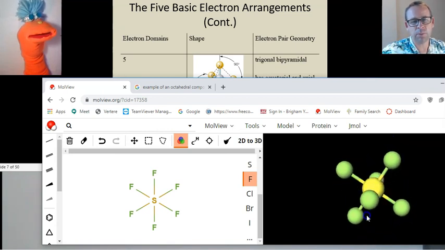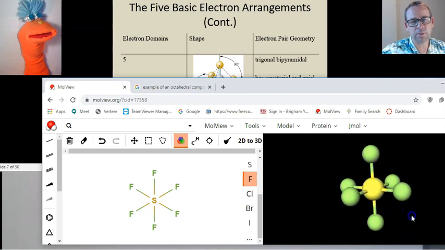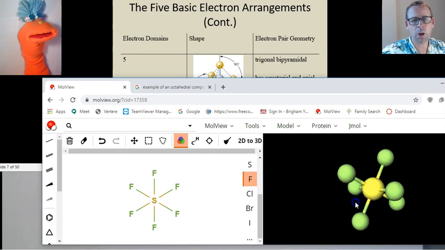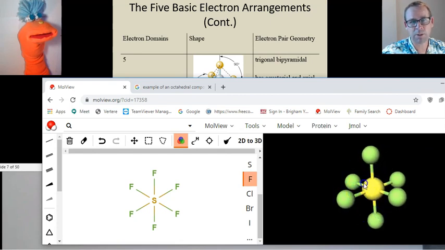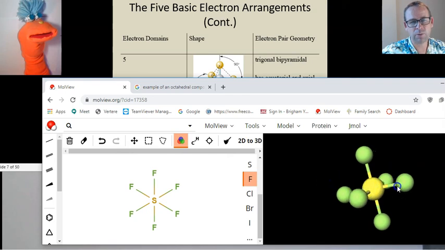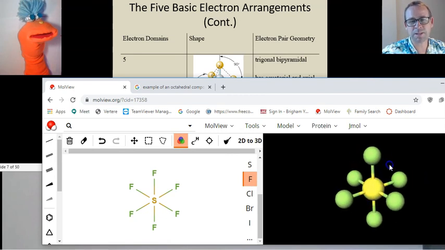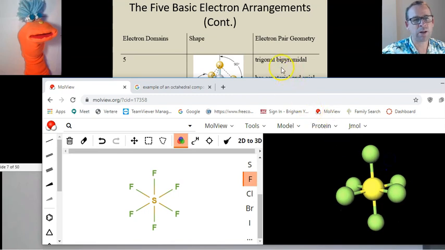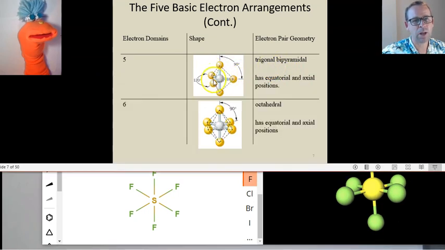Notice that we don't really refer to axial and equatorial positions in an octahedral compound because all of them are the same if it's the same elements being bound, right? All of them are the same in terms of their proximity to their neighbors and the space that they have. If we look back at our trigonal bipyramidal, sorry, equatorial regions have a little more space than the axial.